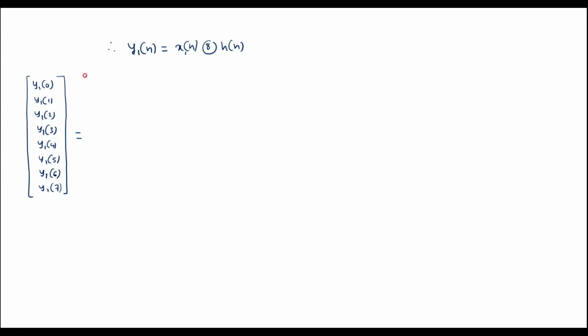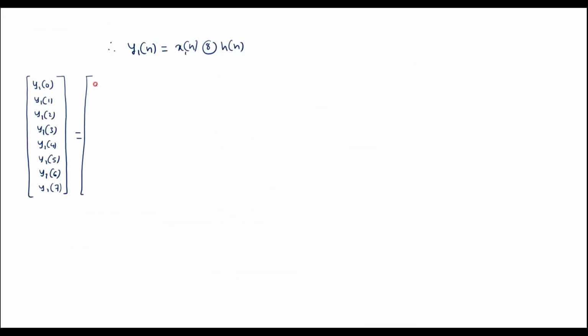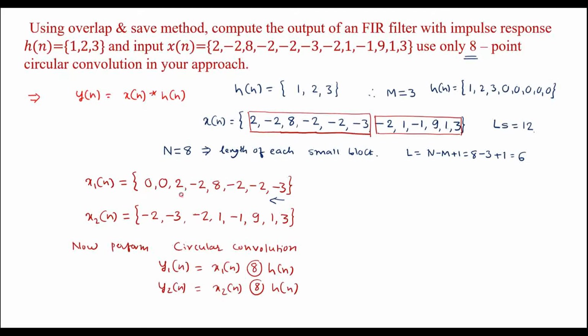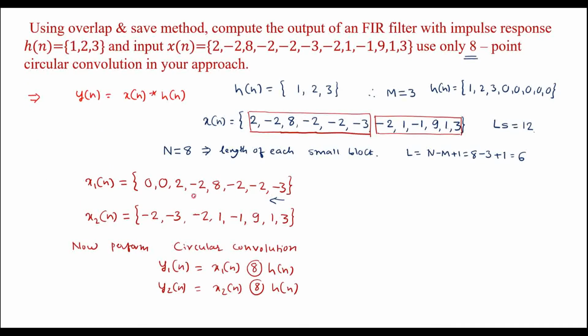is equal to, so now we'll write the input matrix, that is x of n. So first write x1 of n vertically, that is 0, 0, 2, 0, 0, 2, minus 2, 8, minus 2, then we have minus 2, minus 3.